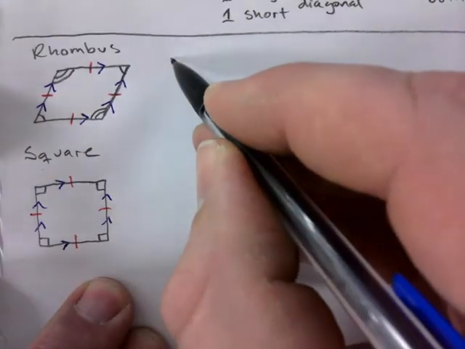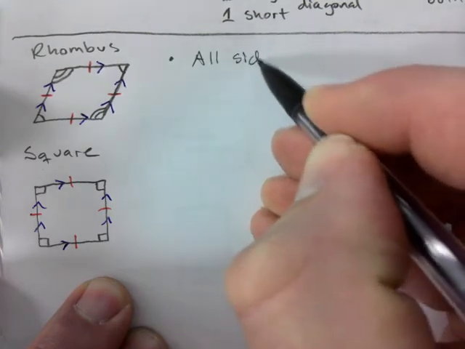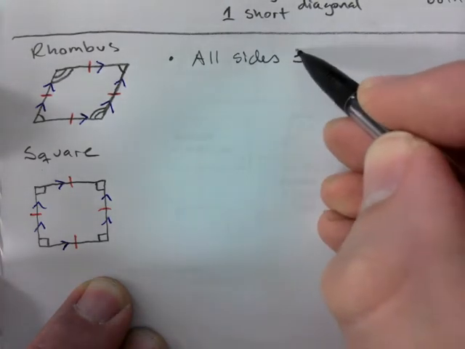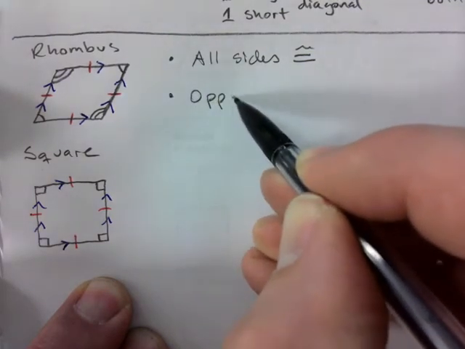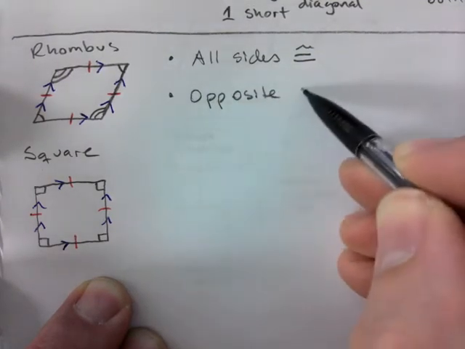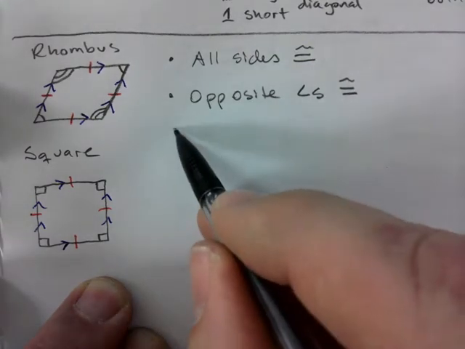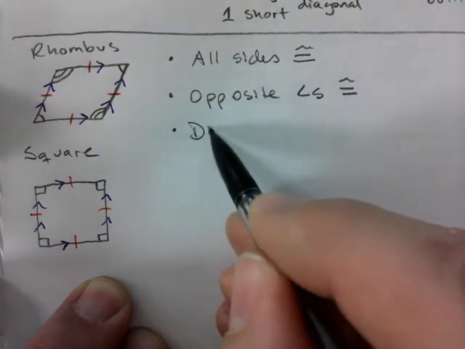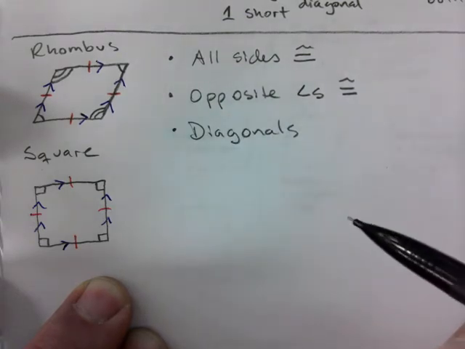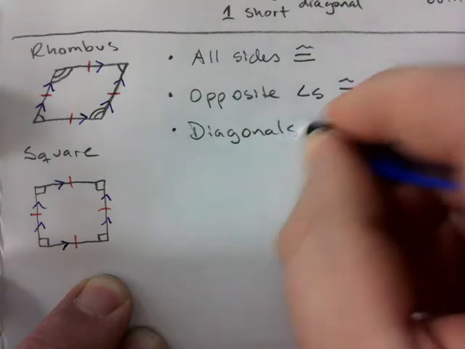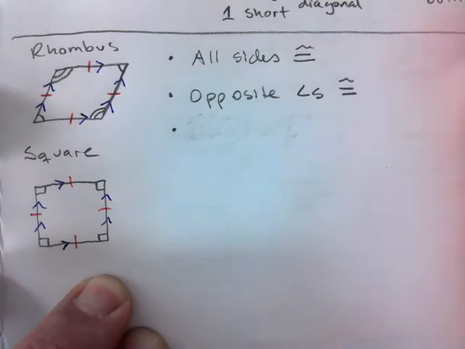Now, all sides are congruent. Opposite angles are congruent. Diagonals. Oh, watch this one. Diagonals. Can we wait with diagonals? Sorry, messing up your notes already. Okay.